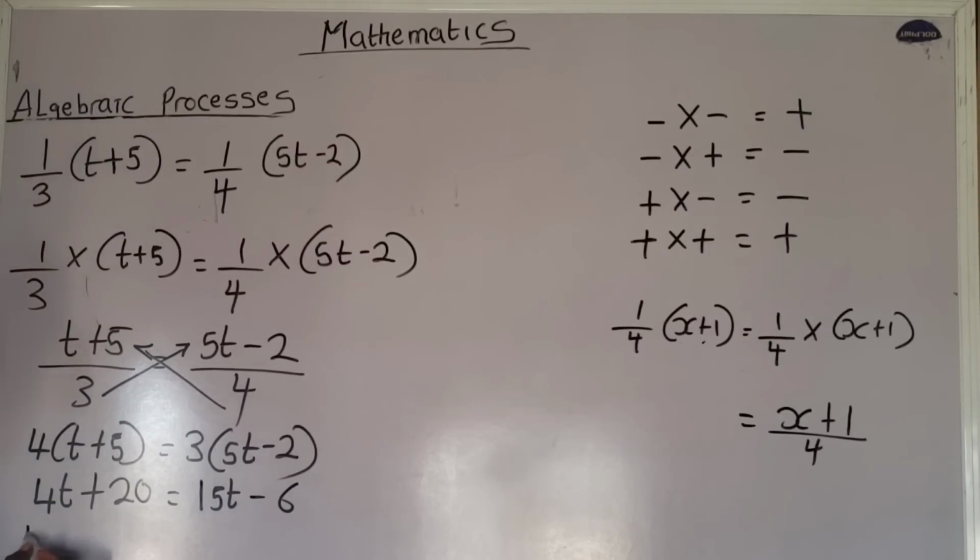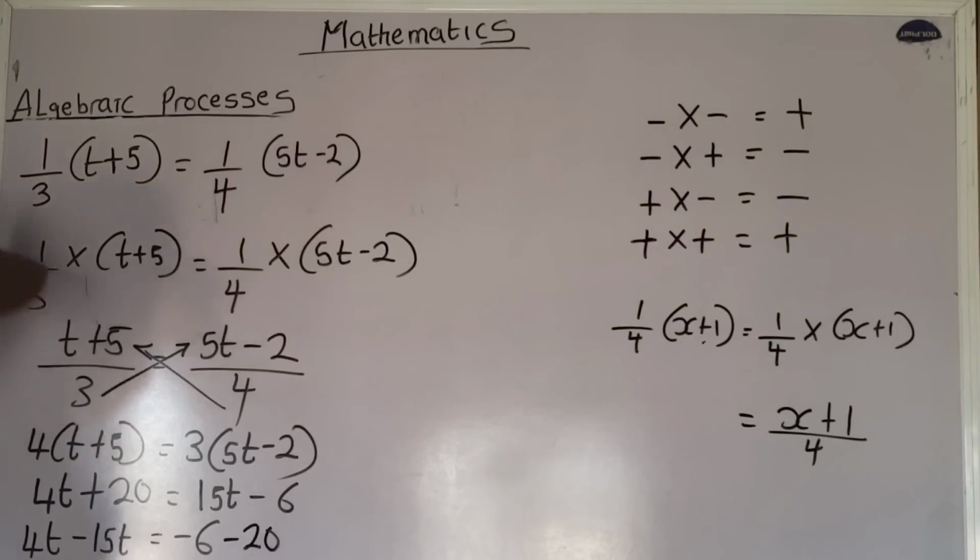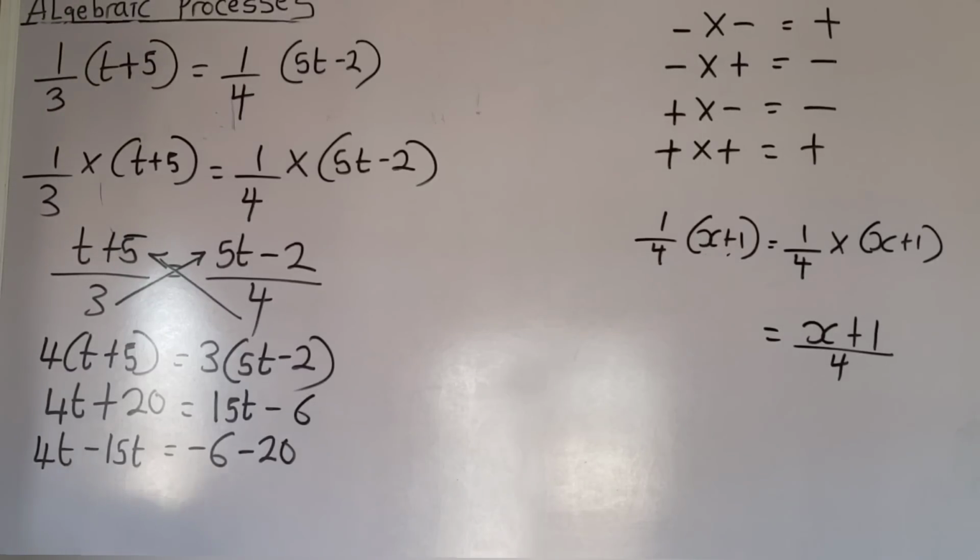So I'm going to have 4t - 15t = -6. If this positive 20 crosses the equals sign to the other side, because the sign is positive initially, it's going to change to a negative sign. So I'm going to have -6 - 20. Do you understand? Okay, so 4t minus 15t will give us negative 11t.